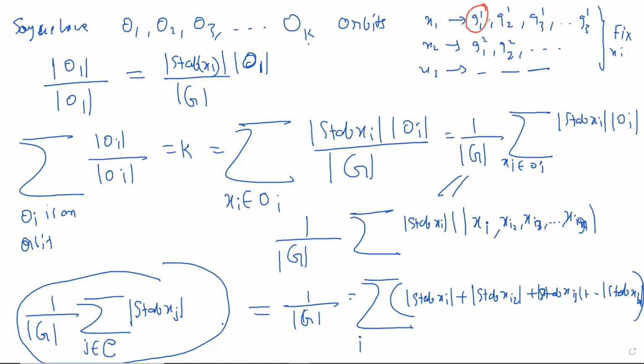If I ask every motion, how many things did you fix, I will get the same thing as this. Basically, how many times does this G11 come in this entire list? How many times does G12 come in this entire list? If I do this for all the elements, all the motions, I'll just get the same list again. It's like a double counting. Is it fine?